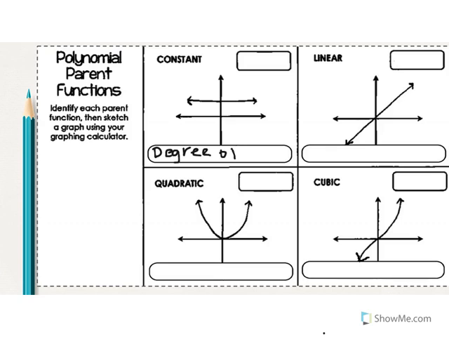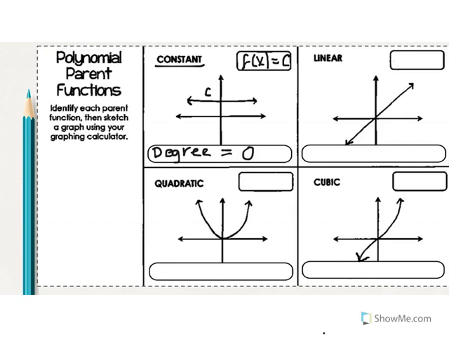So our degree is 0, which means it is a constant function, and the function we would look at would be f of x equals our constant. It's just going to be a number, our constant value. It's just the straight line that we see on our graph.